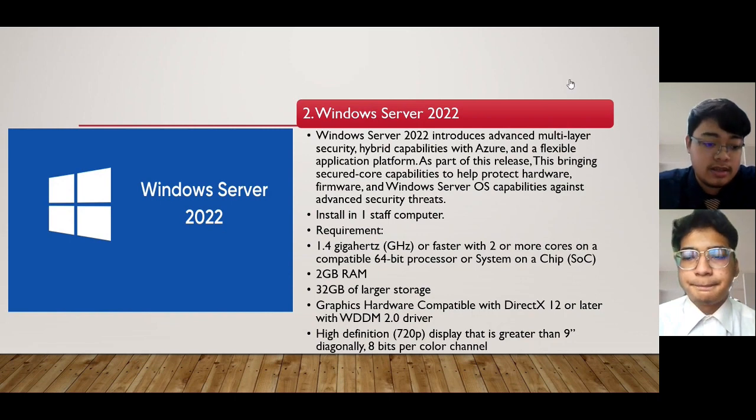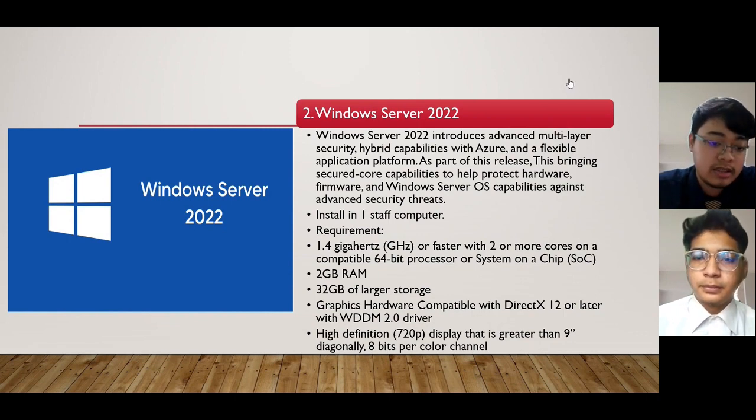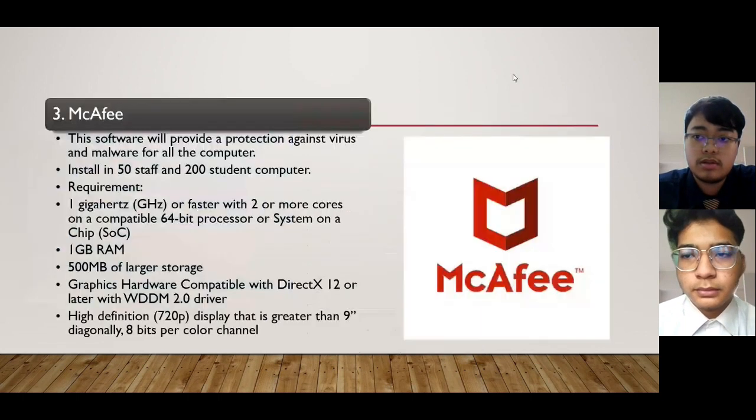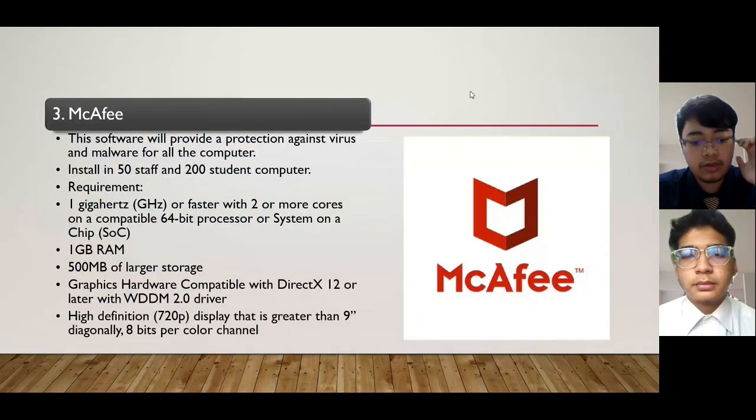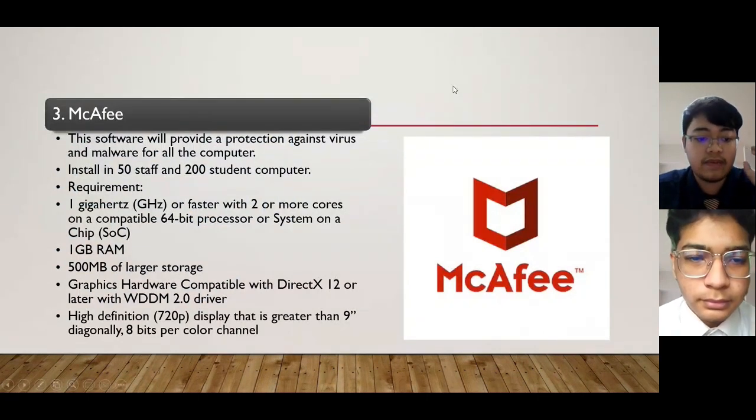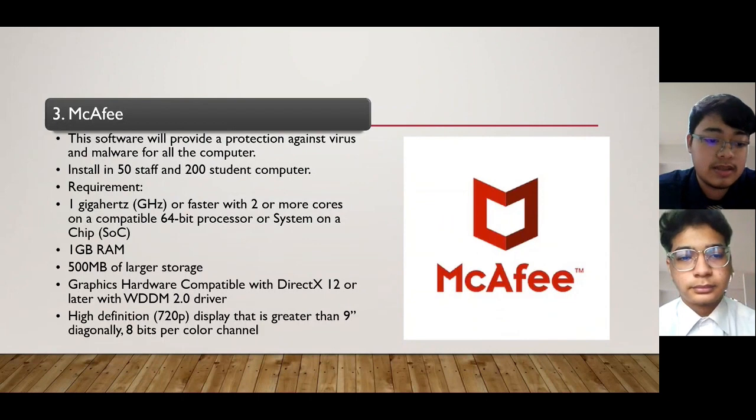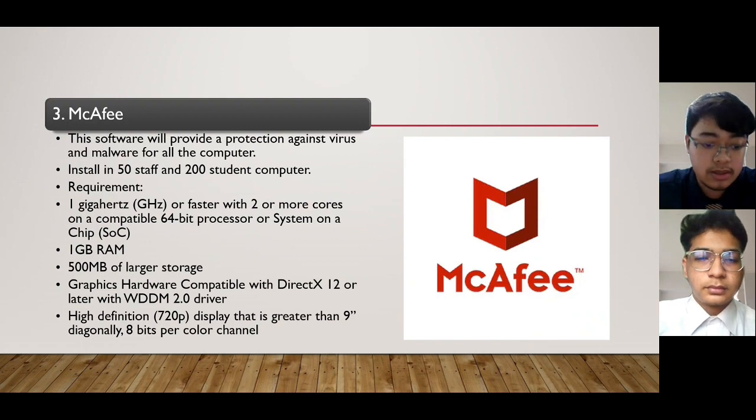Okay, and this is the next one. This is the software McAfee. The software will provide protection against viruses and malware for all computers. Installed in 50 staff and 200 student computers.